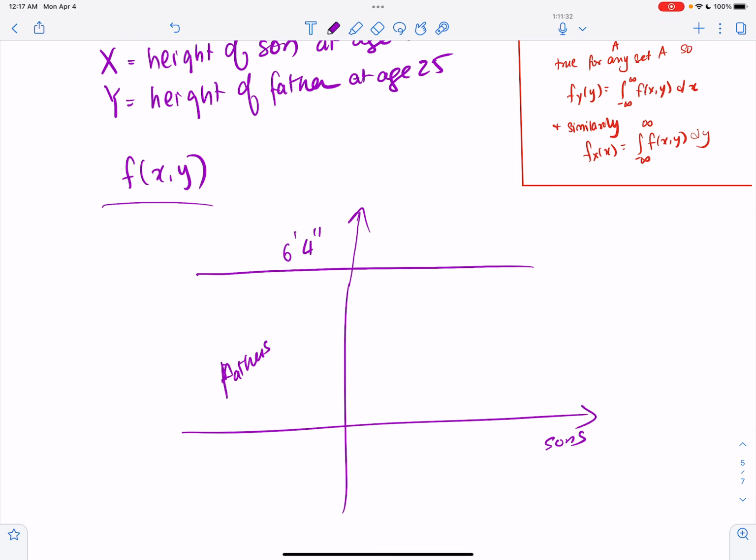And now you're asking yourself, what is the density for the son's height? Well, let's suppose this is 0. Of course, you don't have 0, so maybe it is kind of like normal, maybe not quite. Let's do this. Maybe it's something like this.